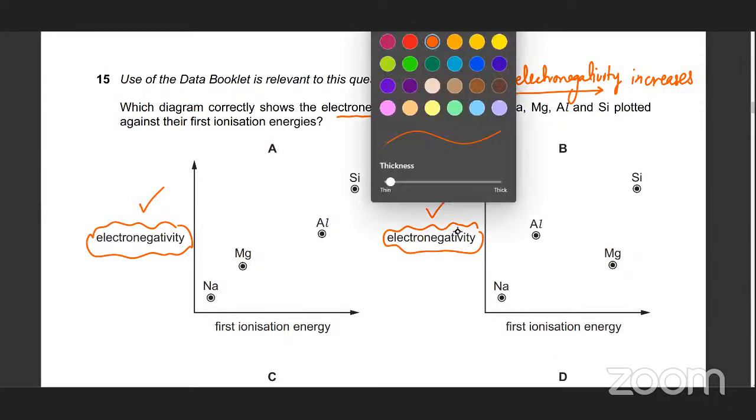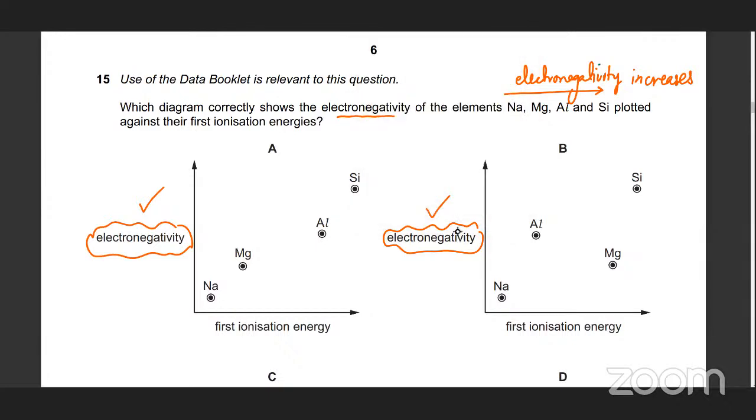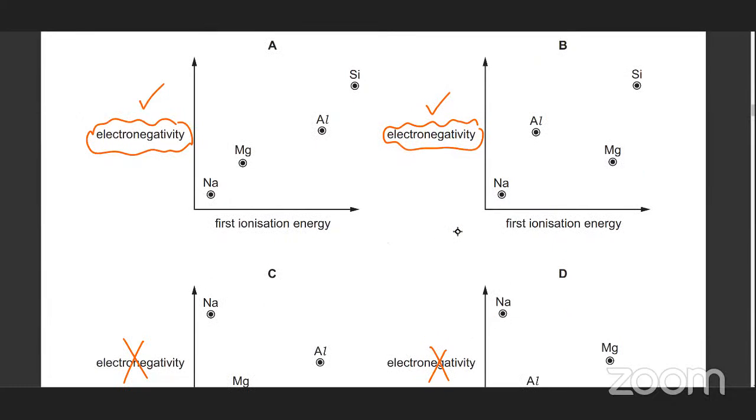Now, what happens to the first ionization energies across the period? Okay, they increase across the period, but, for example, you have Na, you have Mg, you have Al, and you have Si. So it increases, and there's a dip at Al, and then it starts to increase again at Si.